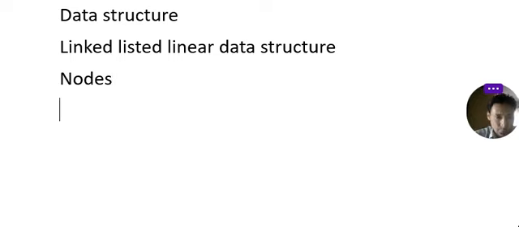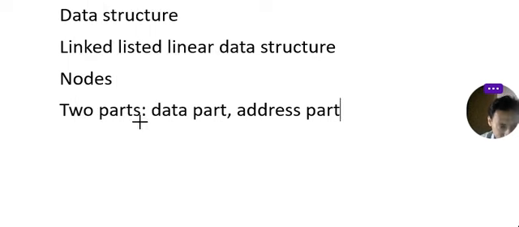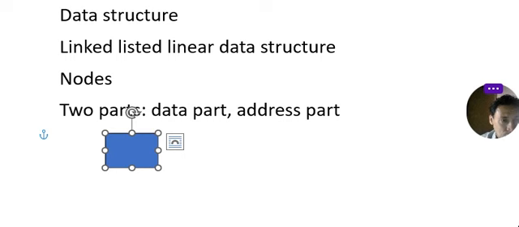Node contains two parts. One is the data part and another is the address part. Data part contains actual data and address part contains the address of the next node.